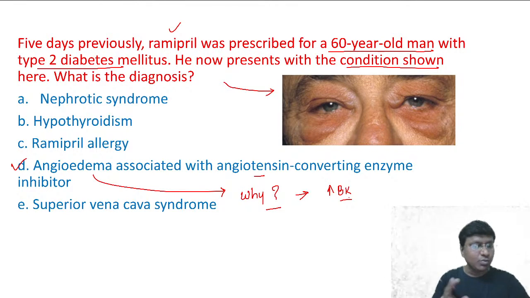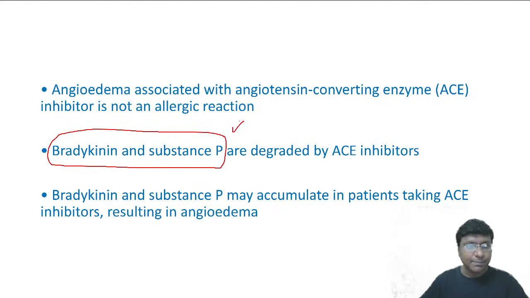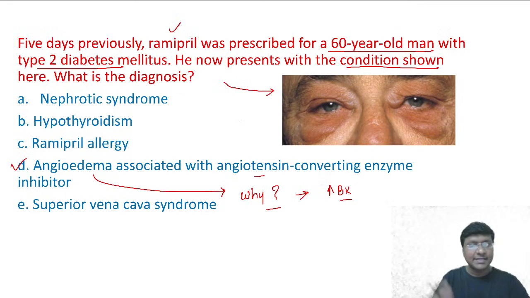What ACE inhibitors do is prevent the degradation of bradykinin as well as substance P, both of them. Actually, angiotensin converting enzyme is the one which degrades bradykinin as well as substance P. But once you give ACE inhibitors, they prevent the degradation of bradykinin and substance P, and thereby that will make the individual land up in angioedema.